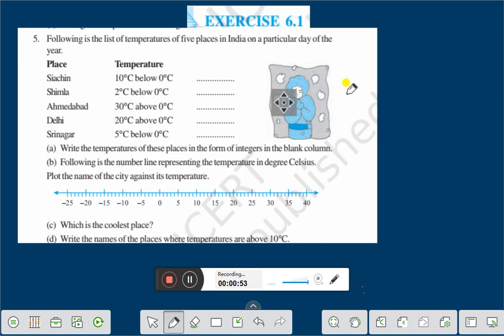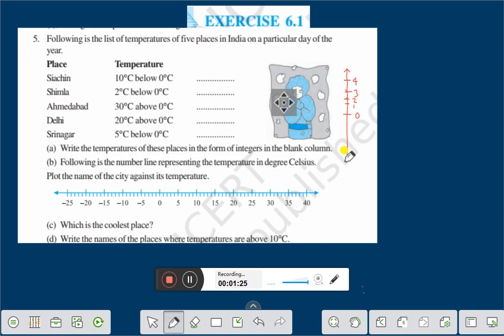If we draw a number line, this is 0, and above 0 it is 1, 2, 3, 4. It is plus, positive, right?